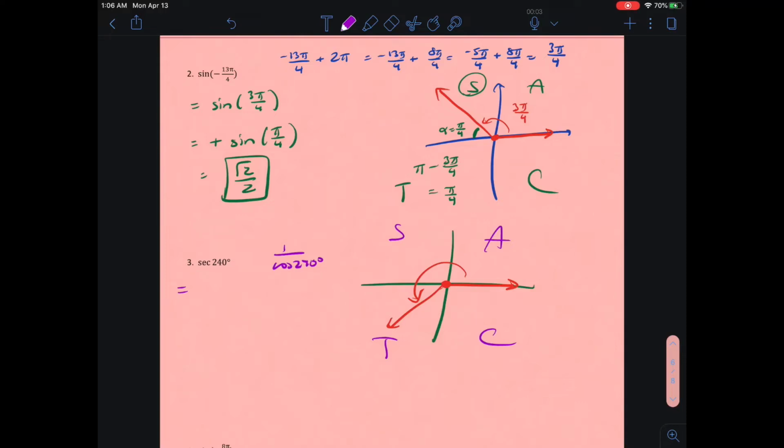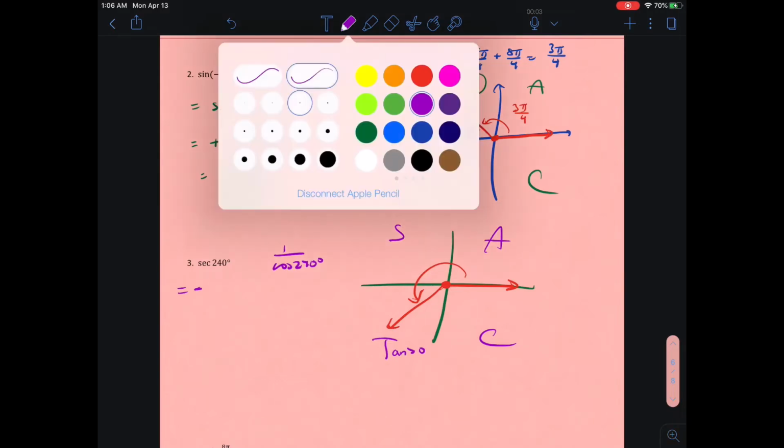So really the question is, in quadrant 3, is cosine positive or negative? Well, in quadrant 3, I know tangent is positive, right? And because tangent is positive, that tells me then that cosine must be negative, right? Which means secant of 240 degrees must be negative. I'm going to put a negative here.